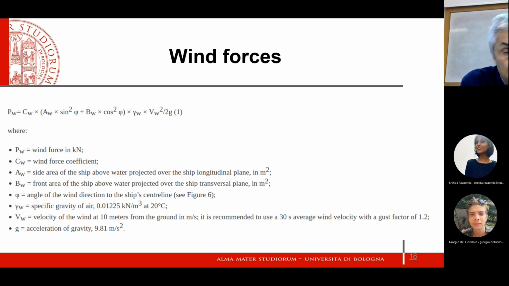So far, let's forget about CW, which is a coefficient. We only computed the area exposed to wind, which depends on the side and transversal area and the wind direction. Now there is the pressure component. By multiplying pressure by the area, we find the force. The pressure component is the square of the wind velocity, VW, divided by 2g, where g is the acceleration of gravity, and multiplied by the specific gravity of air.